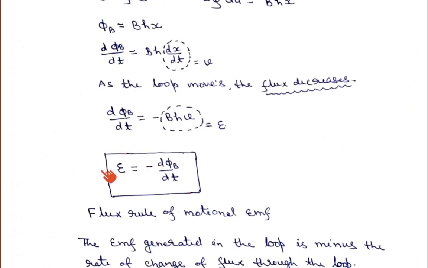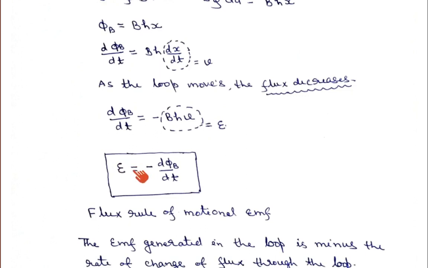So the EMF due to motion of a circuit in the presence of a magnetic field can be written as the rate of change of flux within the closed area.